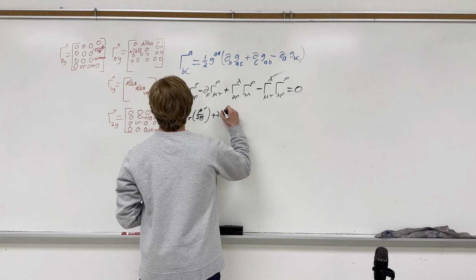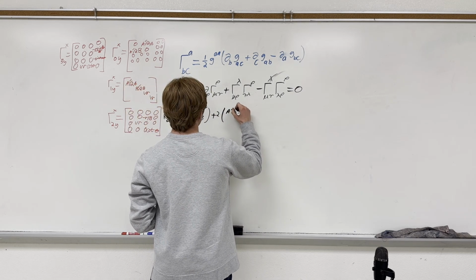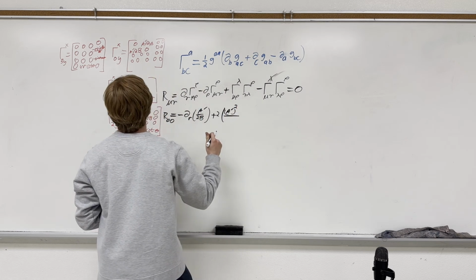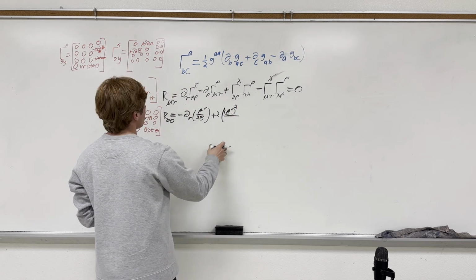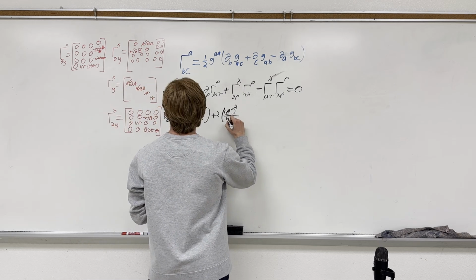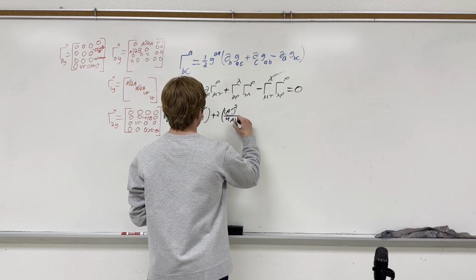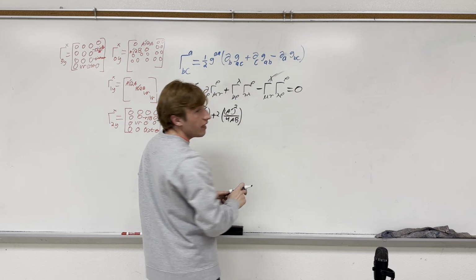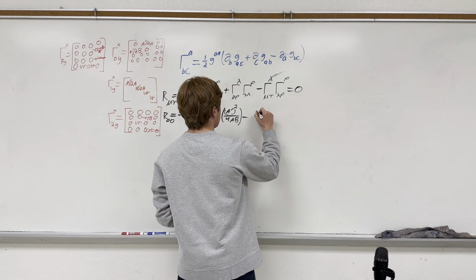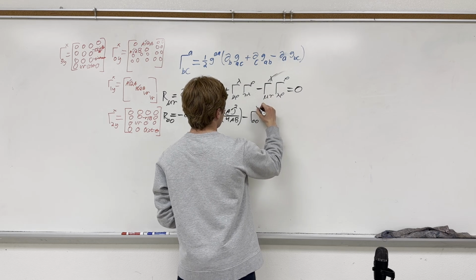So 2 times a prime squared. I'll add parentheses just to be clear. So a prime squared, and then divided by 4ab. Cool. And now we have this right here. So we have minus gamma 0, or well, lambda 0, 0.